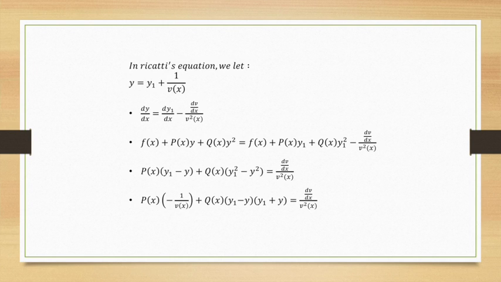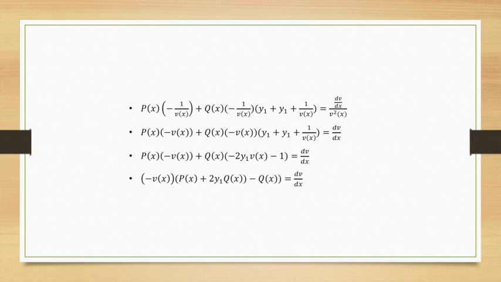After we replace it, we get p of x times minus 1 over phi of x plus q of x times (y1 minus y) times (y1 plus y) is equal to dphi over dx over phi of x squared. After that, we multiply all by phi of x squared.